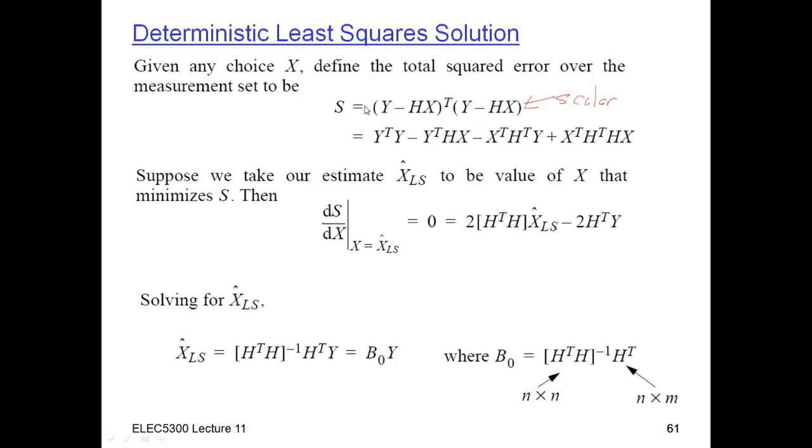Because here I have a 3 by 1 matrix, as in the previous example where I had 3 measurements. So y minus Hx transpose is going to be a 1 by 3, and this is 3 by 1, and so this gives me a little scalar, 1 by 1.